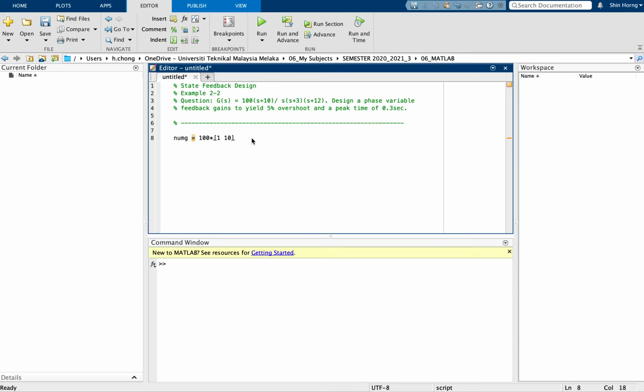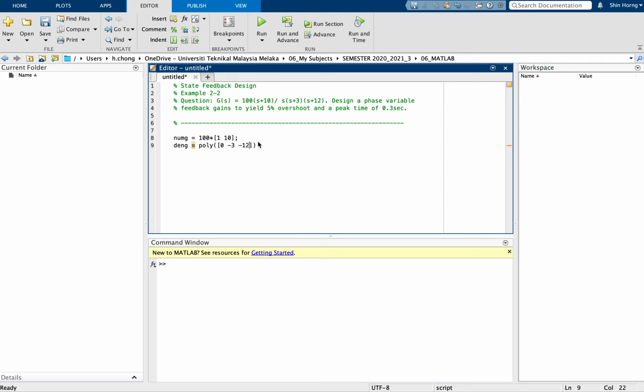Because it's in polynomial form, then G is not in the polynomial, so we have to make it into the polynomial. The factors are 0, minus 3, and minus 12.